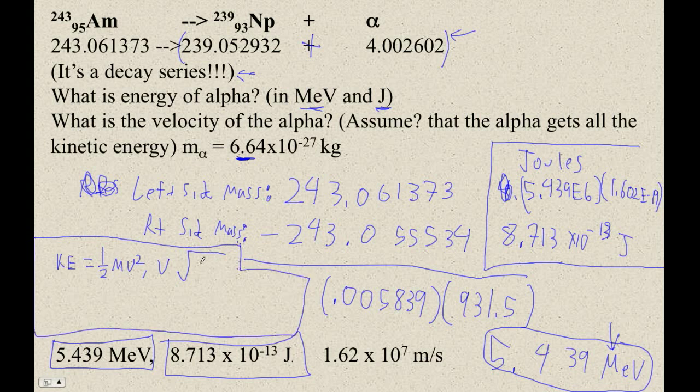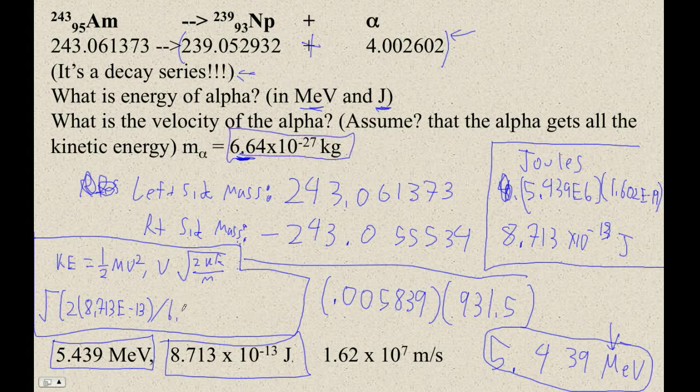Why do I always feel better if I draw boxes around things? 2 times the kinetic energy, right, divided by the mass, right? Okay, so the square root of 2 times 8.713 E minus 13, right? Divided by, where's our mass? There's our mass right there.